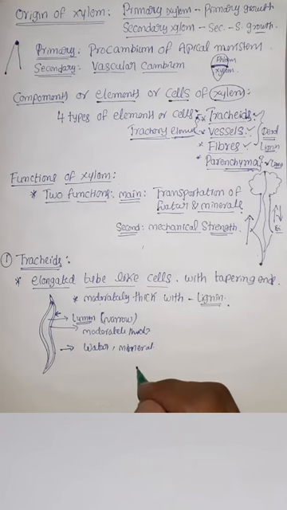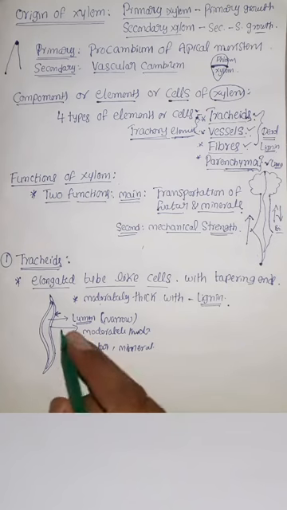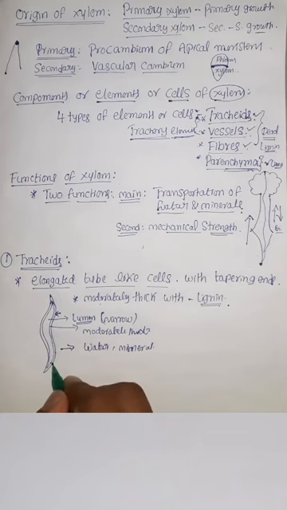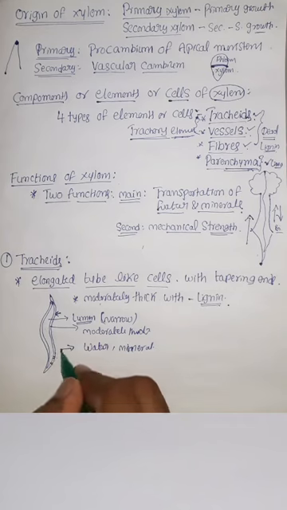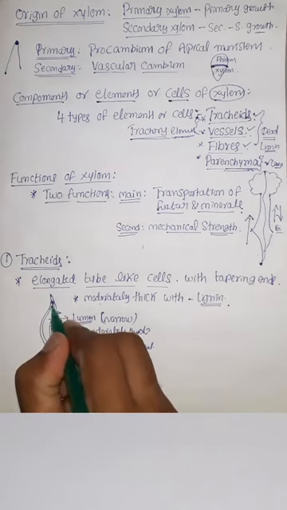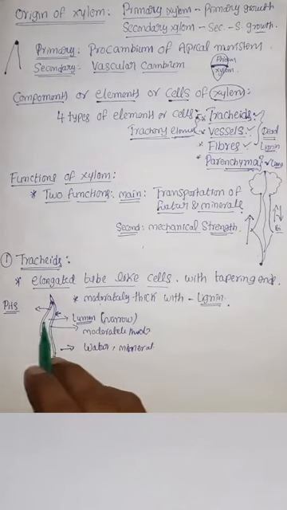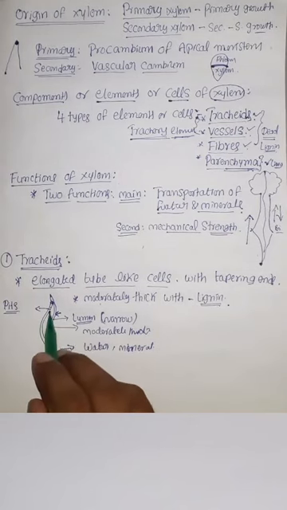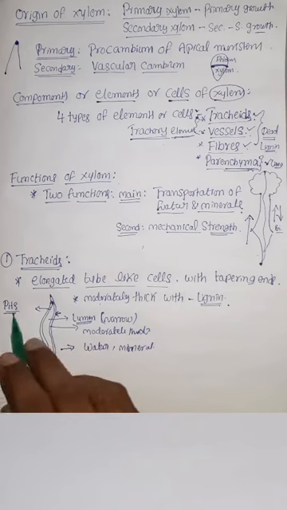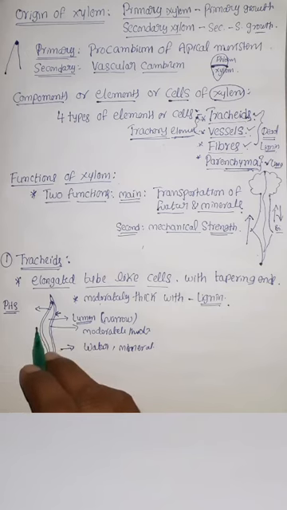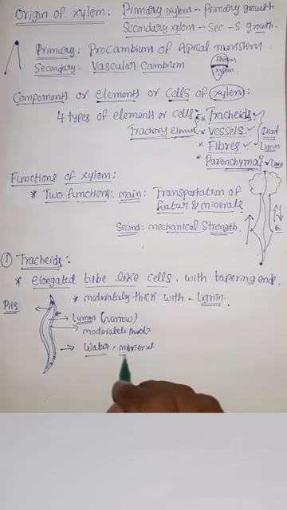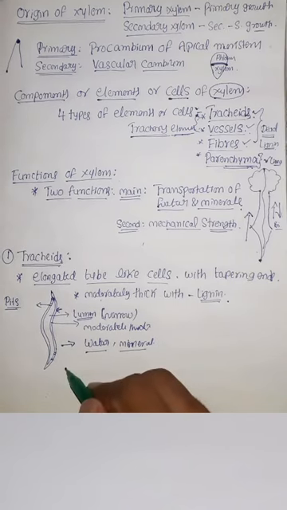Next, it is useful for water and mineral transportation. How does the transportation take place with the help of tracheids? There are small pores on the walls of tracheids. These pores are called pits. They are useful for the transportation of water and minerals. Now we will see how the transportation takes place.